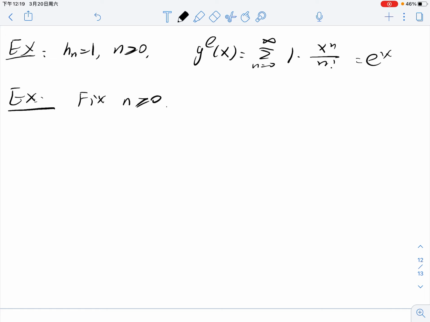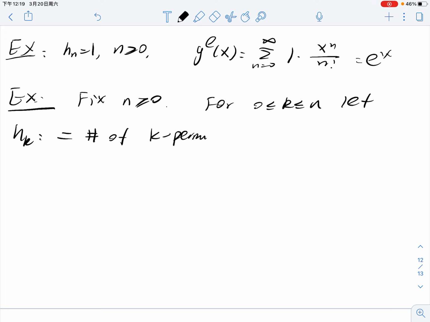For non-negative integer n, for k between 0 and n, let hk be the number of k-permutations of 1, 2, 3, all the way to n.